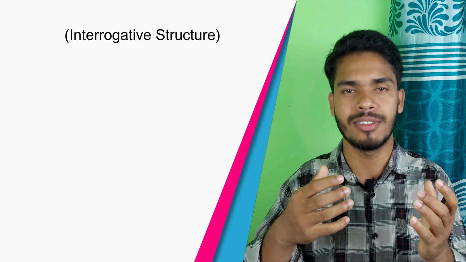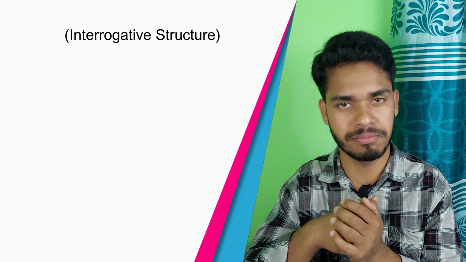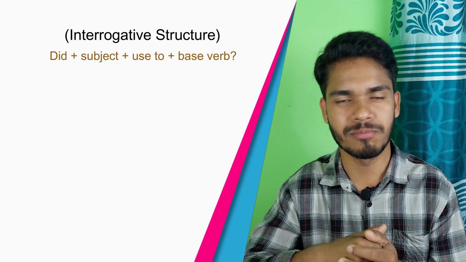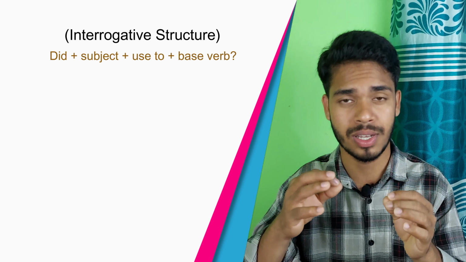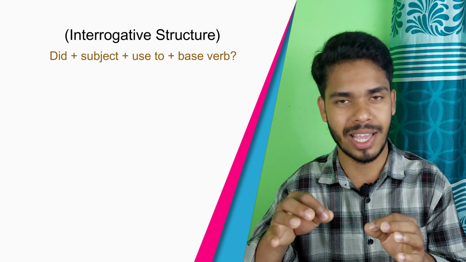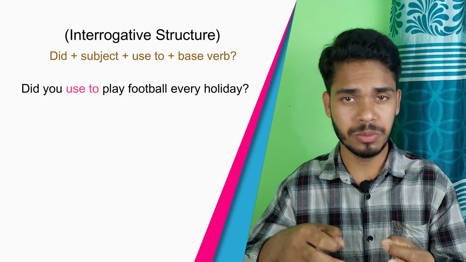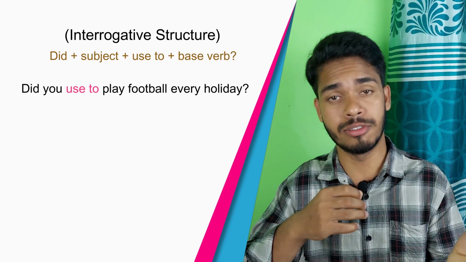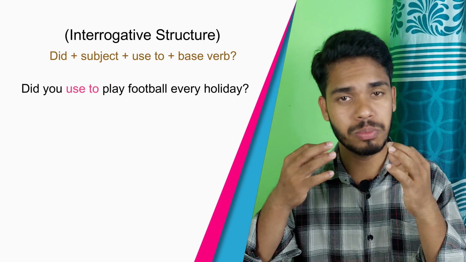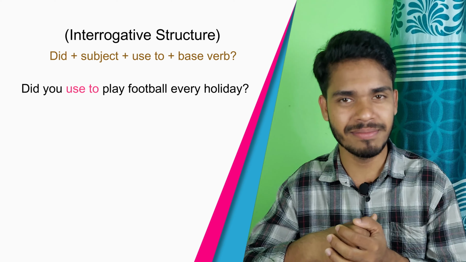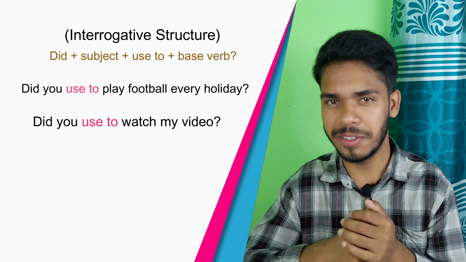And now let's see the interrogative structure. The structure will be did plus subject plus use to plus base form of the verb and a question mark, right? For example, did you use to play football every holiday? Did you use to watch my video?